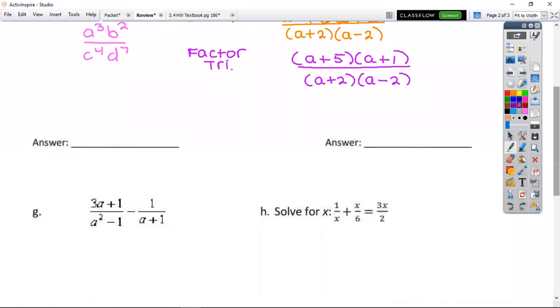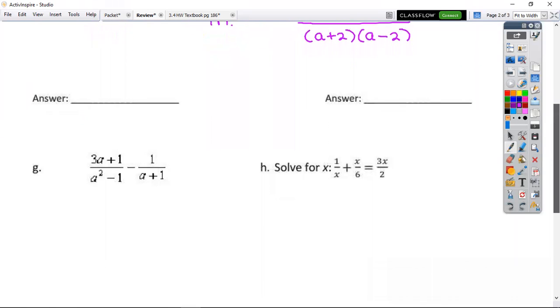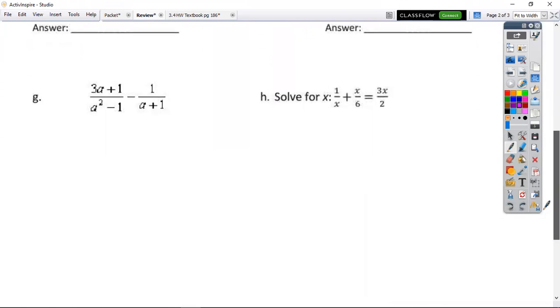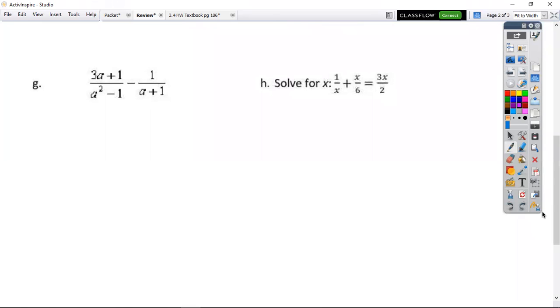Letter G, we're looking for procedure. So what needs to be found for letter G here? Common denominator, excellent. So this is another subtraction problem in which you need a common denominator. So I'm going to take the bottom and I'm going to factor it into a plus 1 and a minus 1. And my common denominator is one of each factor.